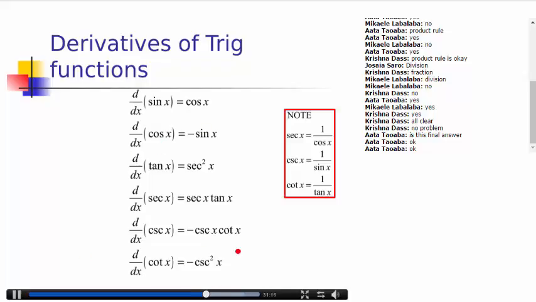This you need to remember. And then something very important to go over: secant x is equal to 1 over cos x, cosecant x is 1 over sin x, and cot x is 1 over tan x. I assume we all know about this, right?